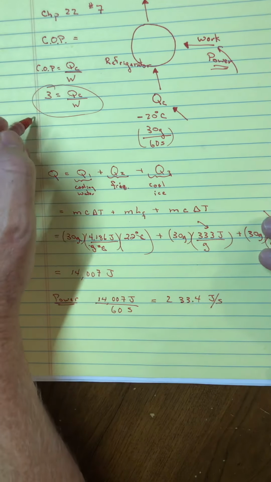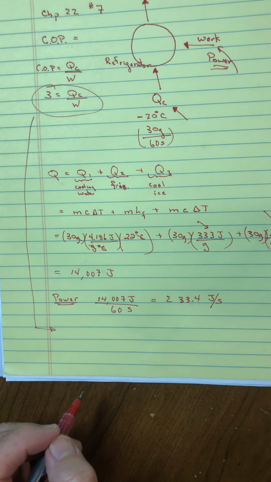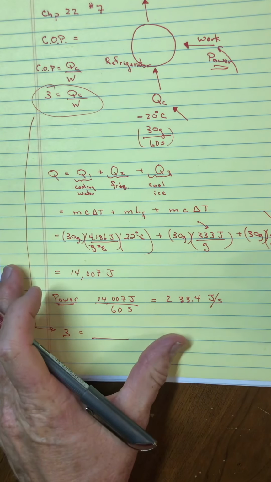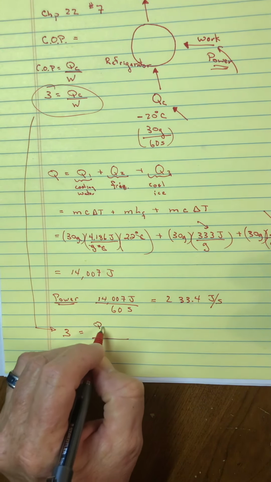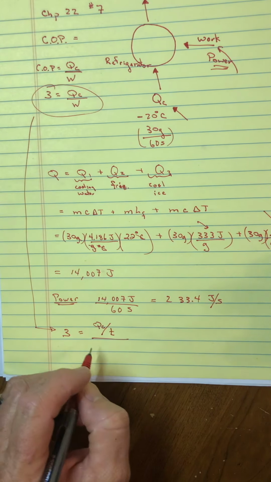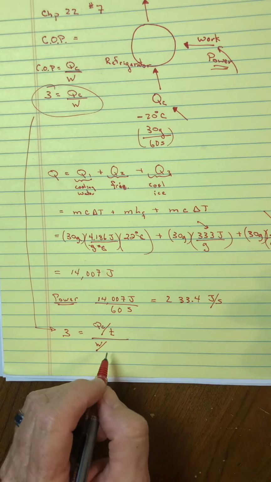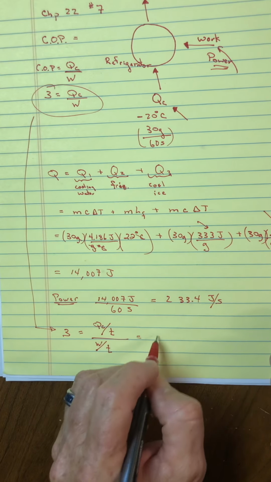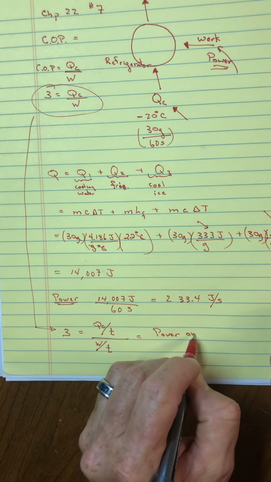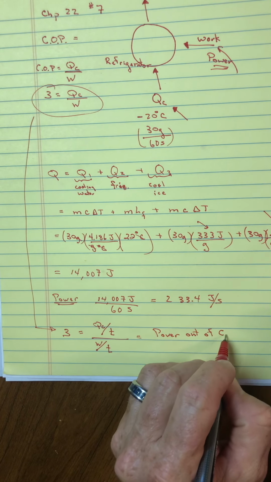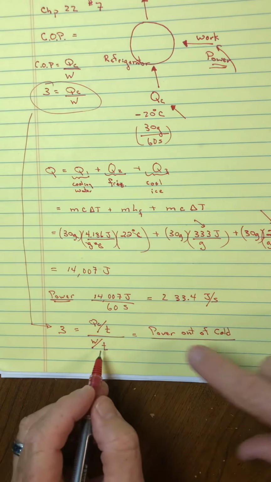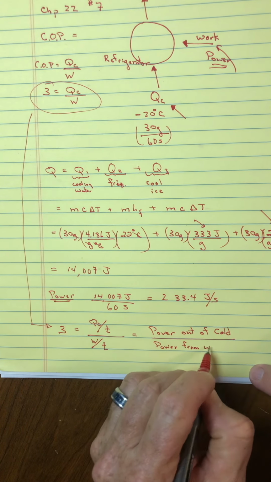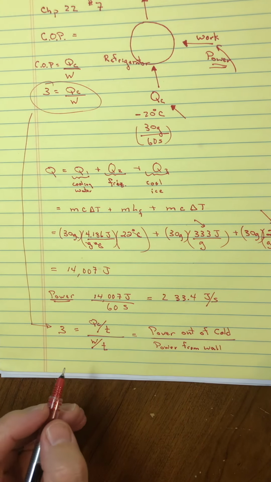Okay, so with that in mind, let's come back down to here. Because we know the coefficient of performance is 3. If I take the heat coming out of the cold environment and divide it by time, and the work going into the engine divided by time, I've got to multiply top and bottom by time. This is the power coming out of the cold area, and this is the power from the wall. How much electrical power do we have to supply?